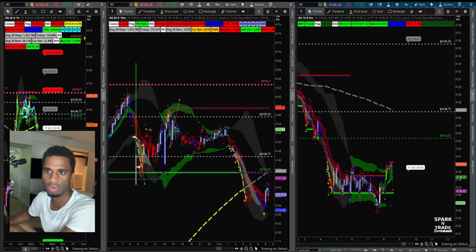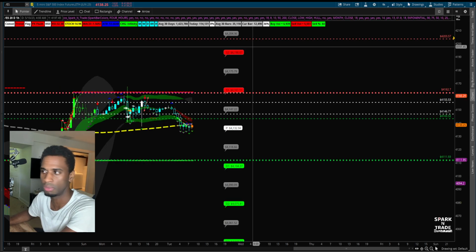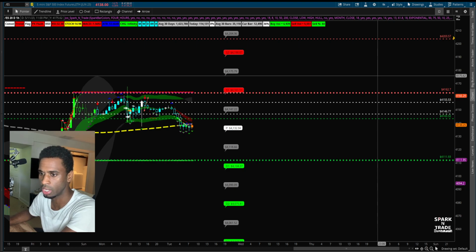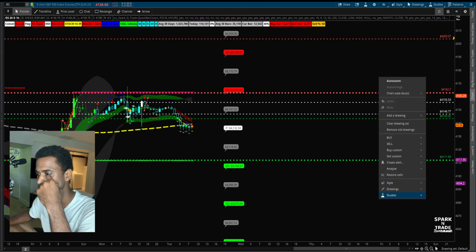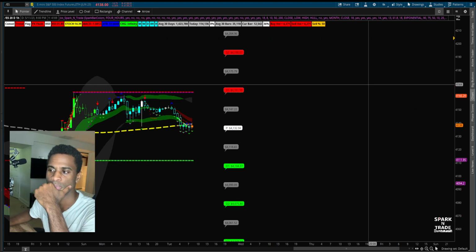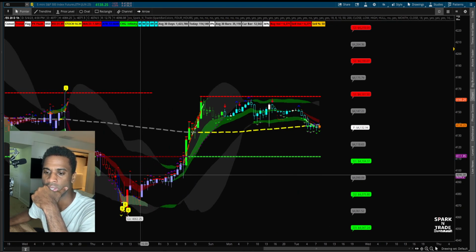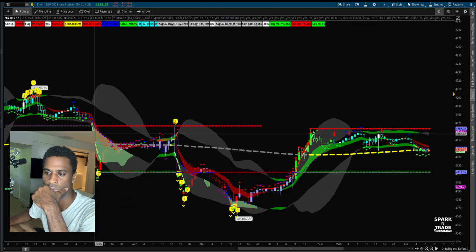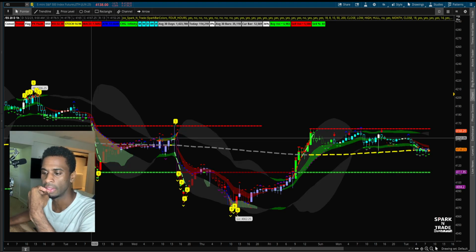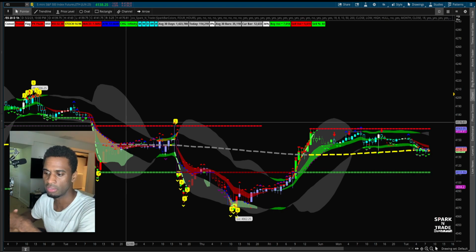So really quickly, I'll take you into what my process is in the morning. We have these lines that come up, right? And these are your supply and demand levels. The code triggers it when volume pushes price away from a certain area, and that's indicative that there's enough pressure at that area to send the market in a certain direction or to stop it from going in a certain direction.